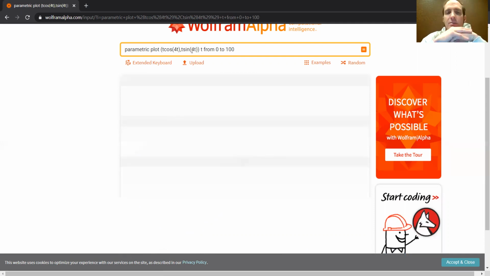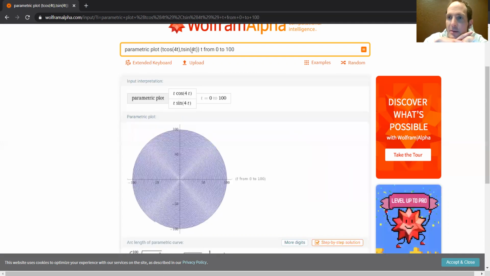I think if I change the sine to a 4 as well, yeah, I get back to this spiral with a lot more going on because the sine is running faster around from negative 1 to 1, sorry. And so you're sort of running this thing around faster and faster and faster. So it sort of spirals.